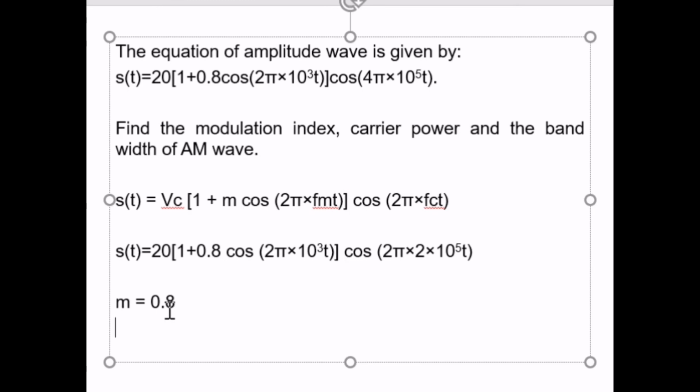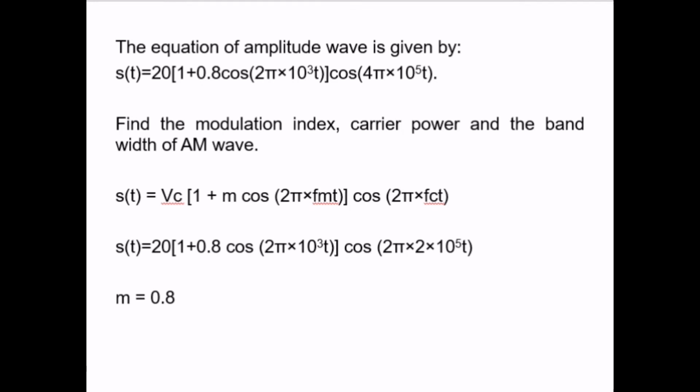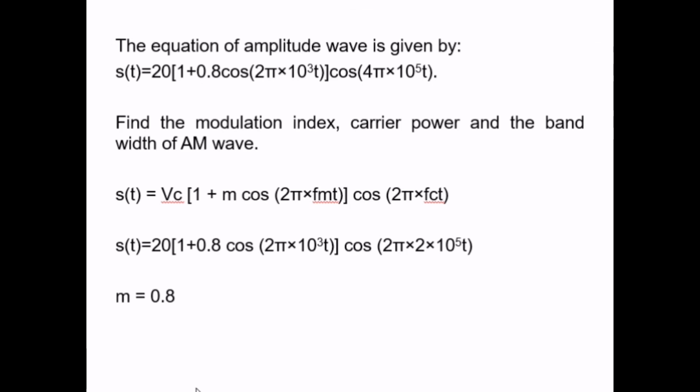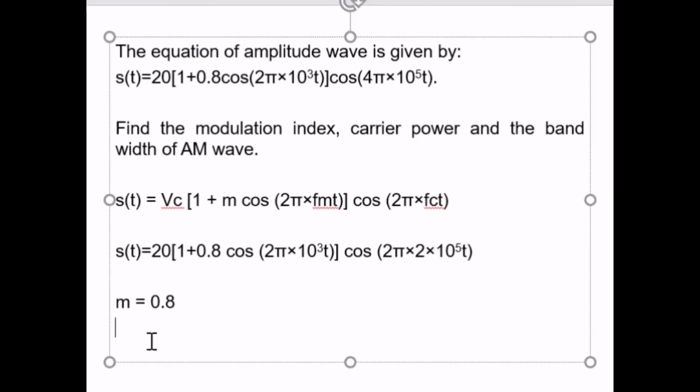And then for carrier power, you can use the equation that I already discussed for the tutorial before, which is carrier power Pc equal to Vc squared over 2R, where we assume R is equal to 1 ohm.